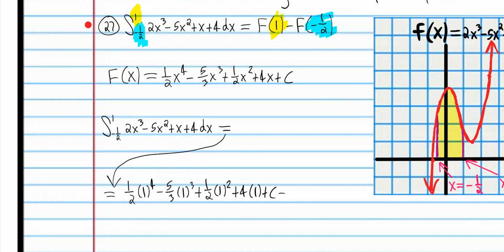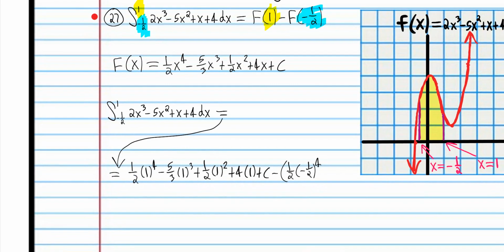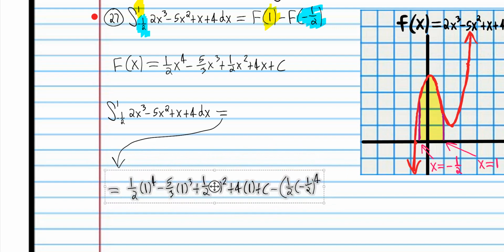And then we have to subtract the antiderivative with -1/2 plugged in. So 1/2 times -1/2 to the 4th power actually. And as you can see, we don't really have a lot of room here, so I'm going to go down one more line.